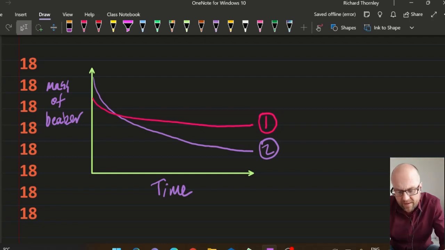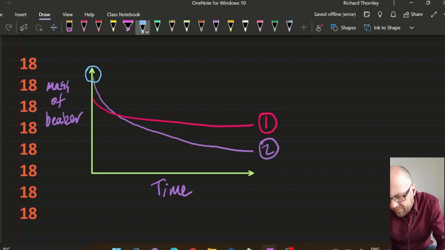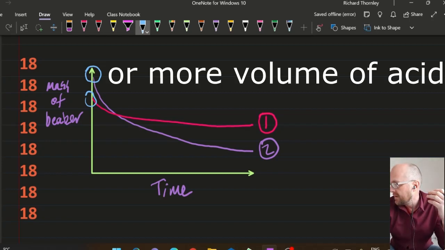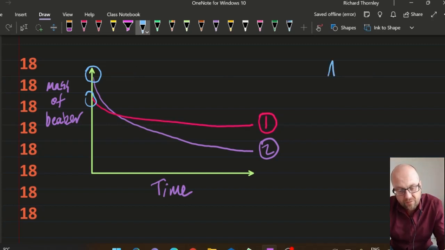Curve 2 is steeper. But I think the trick here is that the starting mass is different. So I'm going to have to be adding more marble chips. Powdering the marble chips and doubling their mass. So B, that could be right. A's wrong.